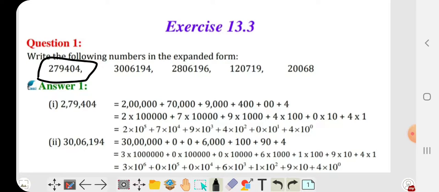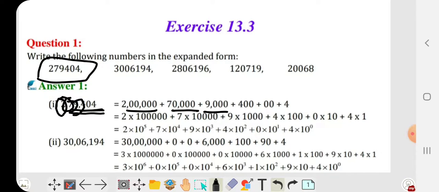Another way to do, you have to just write 2, and how many numbers are there after 2, just put that much zeros. Then write 7 and count the number after 7 and put that much zeros after 7. After 7 there are 4 digits, so we have put 4 zeros after 7. After 9 there are 3 digits, so we have put 3 zeros after 9.